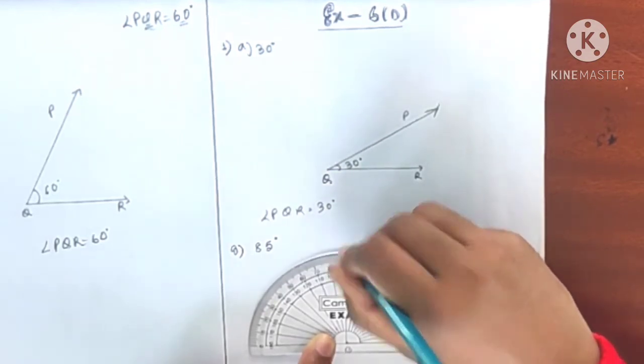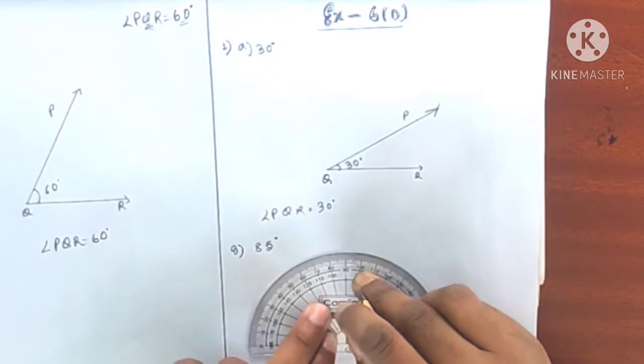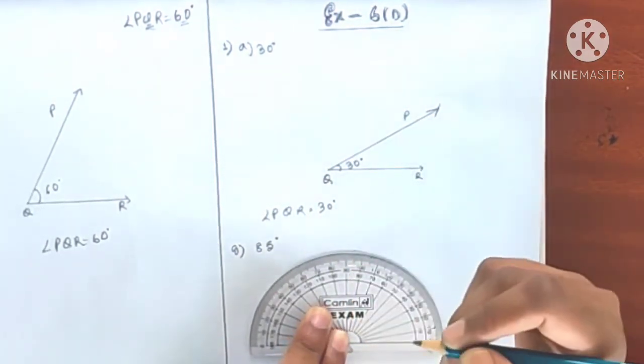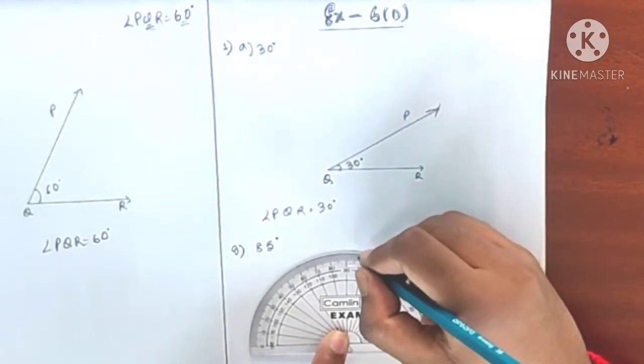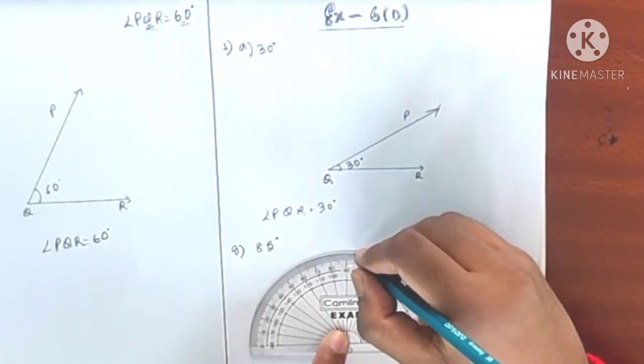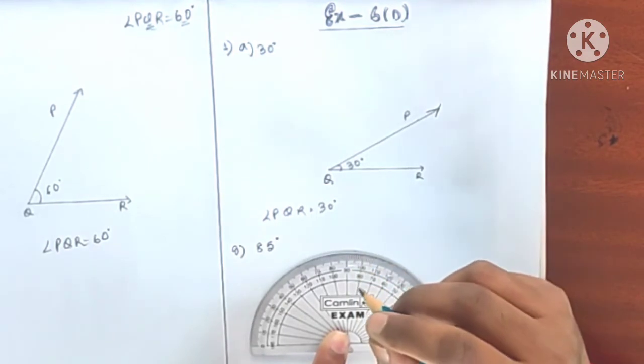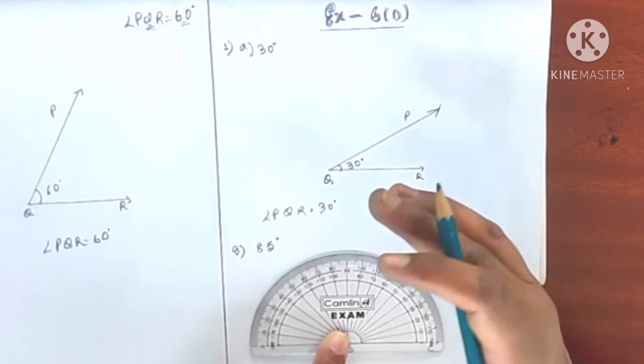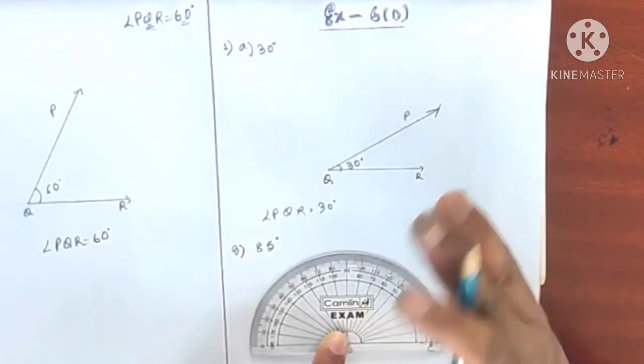So I can see this one is the 85 degrees. You have to be very careful while writing this one, because it is very important. You cannot miss a single line, a single unit from here. Otherwise it will not be 85 degrees, it will become another angle. So keep in mind, it is very important to understand.